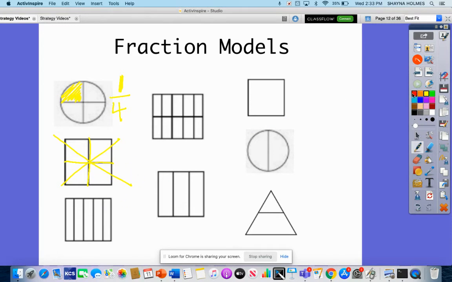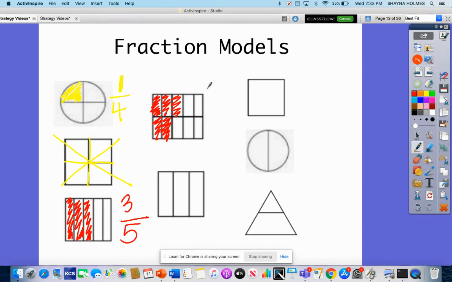Okay, let's look at this next one. If I shaded in these 3 pieces out of 1, 2, 3, 4, 5, that is 3/5. This 3/5 would represent a fraction, but it's not a unit fraction. Let's shade these in.